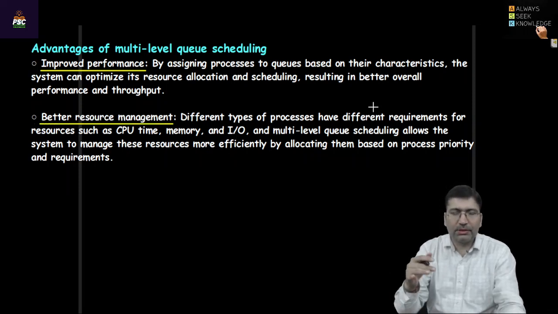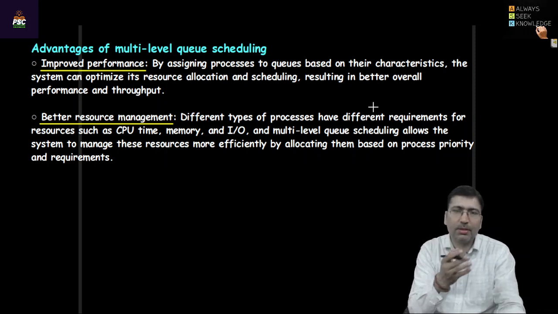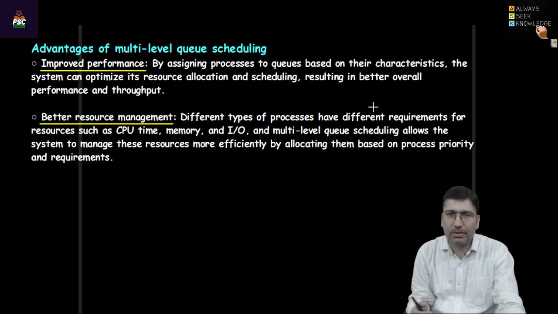If the processes are arriving according to their nature, similar nature processes will come at a particular level, then the performance can be improved because similar nature processes will require similar kinds of resources. In that manner, resource management will also be easy and we may get improved performance.